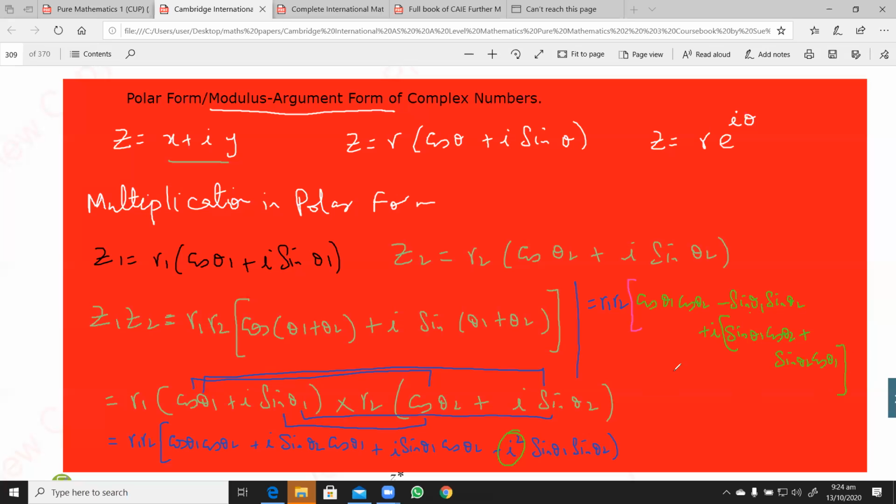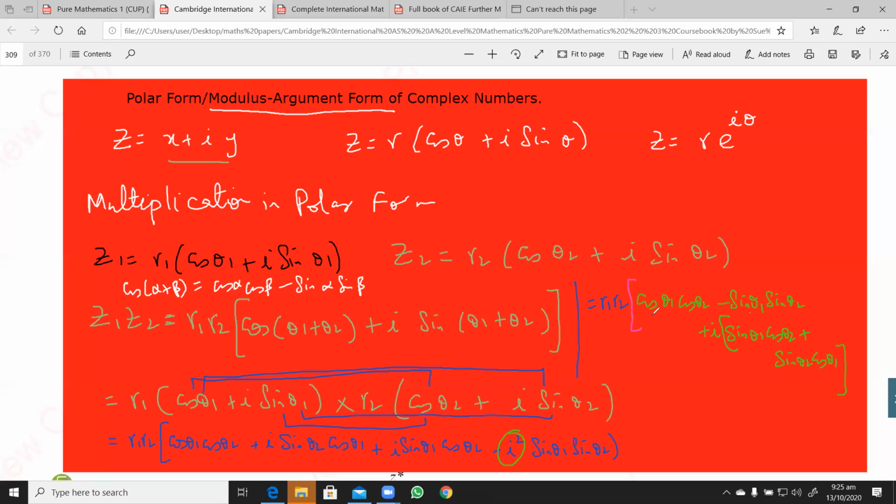How many of you remember that cos alpha plus beta is cos alpha cos beta minus sin alpha sin beta?